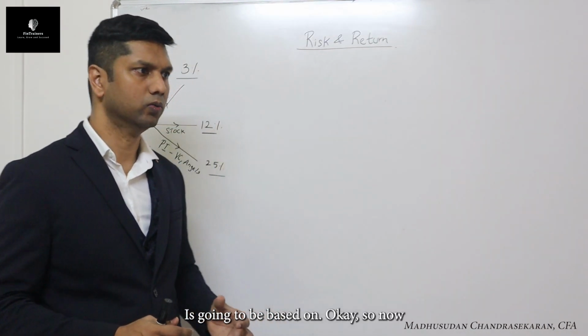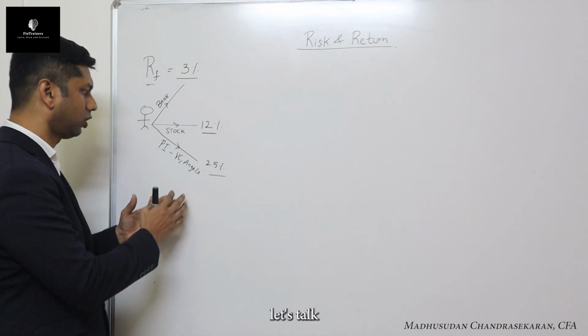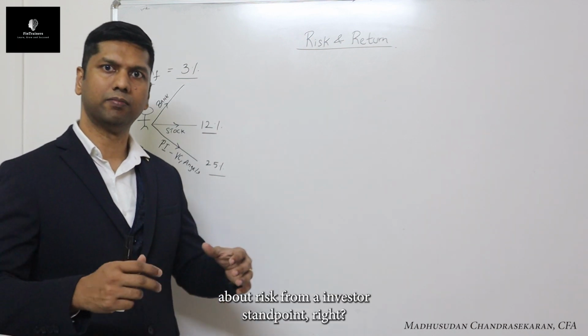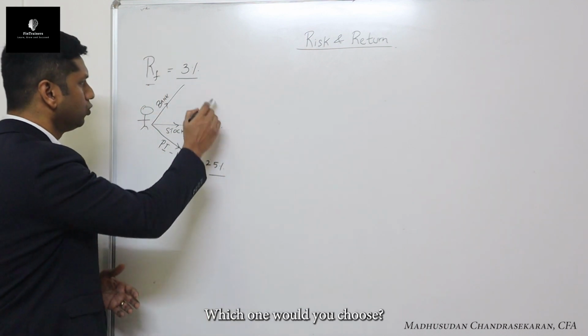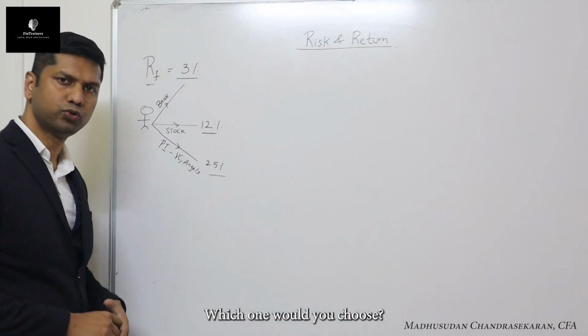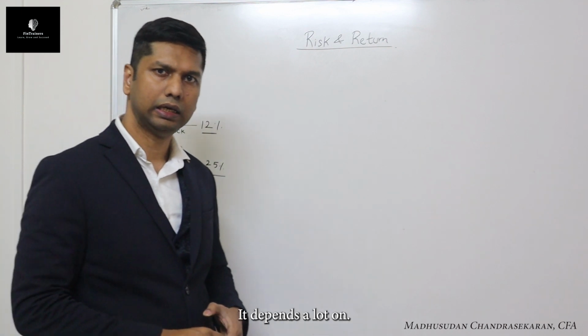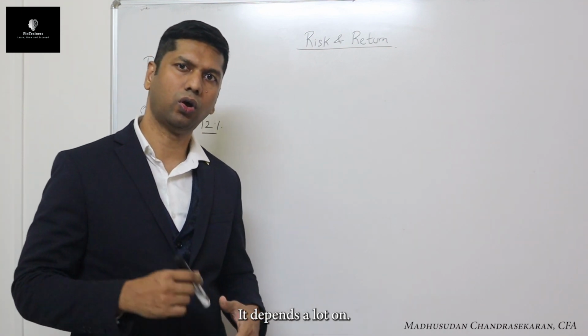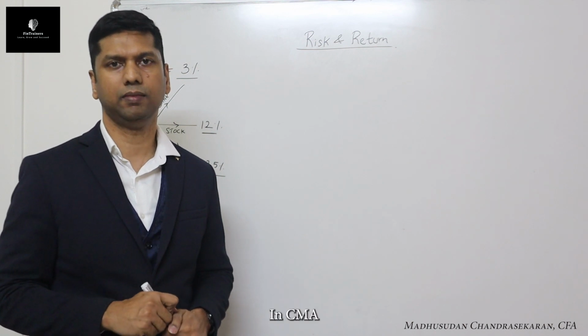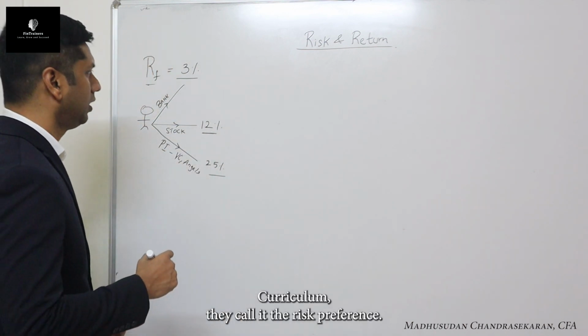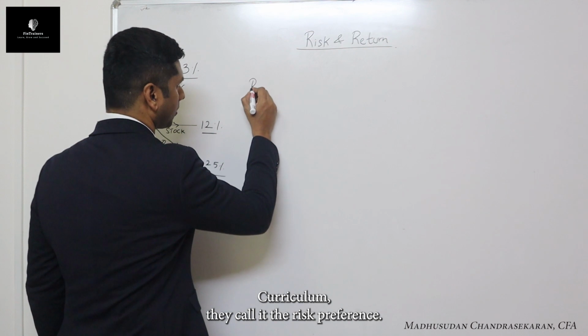Okay, so now let's talk about risk from an investor standpoint. Which one would you choose? It depends a lot on your appetite for risk. In the CMA curriculum, they call it the risk preference.